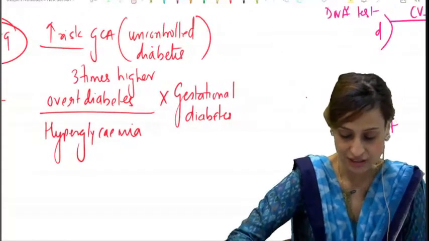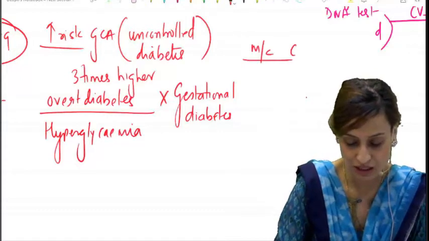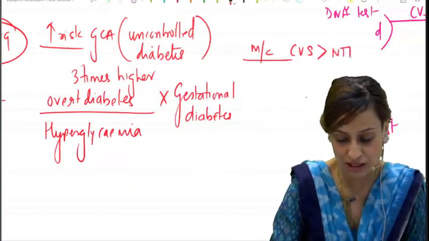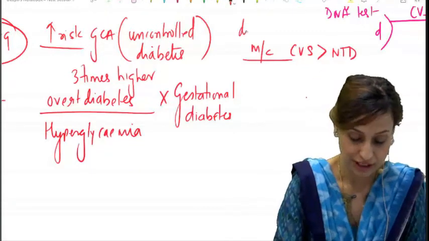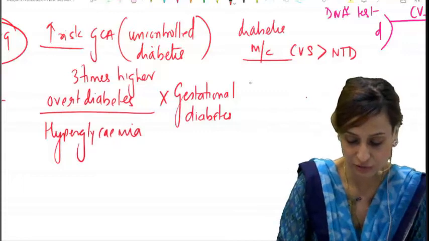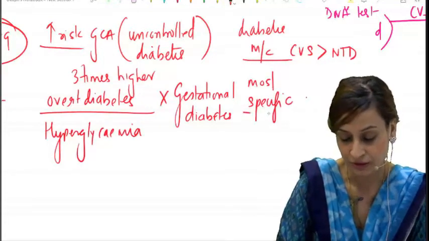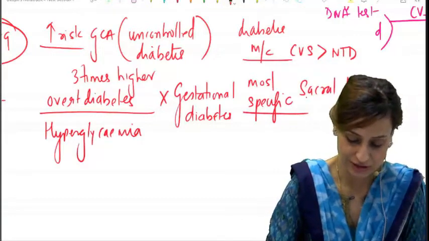We say that the most common anomaly is going to be cardiovascular anomalies, the second most common being neural tube defects, right? In diabetes, we're talking about diabetes in pregnancy, right? While if we talk about the most specific one, this is going to be sacral agenesis, right?